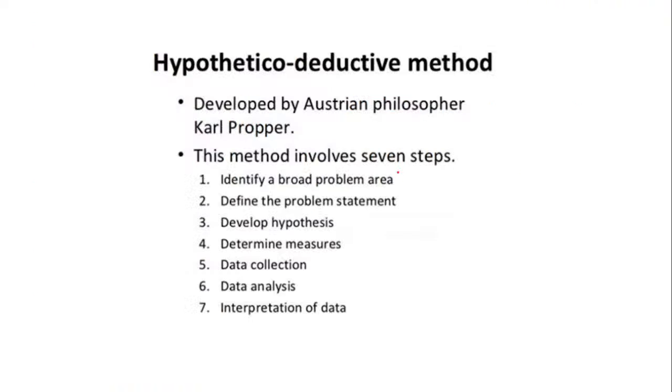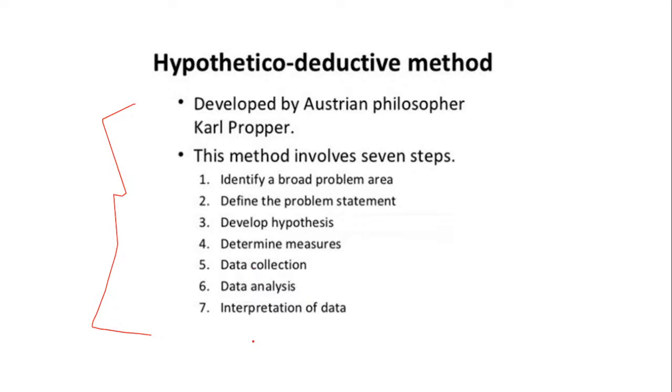Now if you do not know this hypothetico-deductive method, you can just keep a note of this. It can come in any form. It was a method developed by an Austrian philosopher, and it involves 7 steps of basic research.